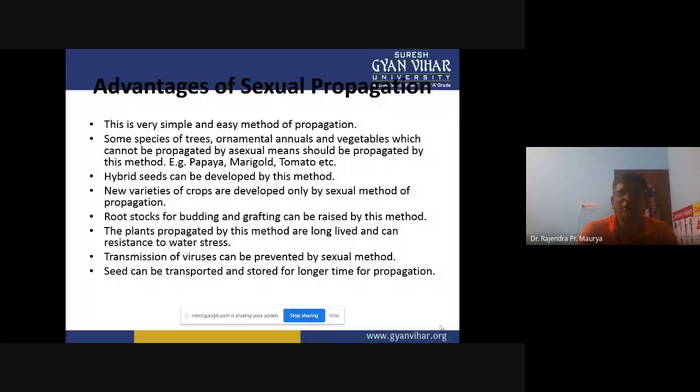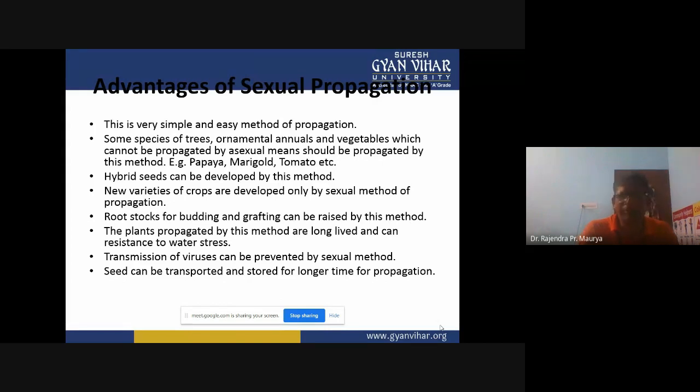Some species of trees, ornamentals and vegetables can only be propagated by seeds, such as papaya in fruits, marigold in flowers, and cucumber, tomato, chili, brinjal, okra and other cucurbits.